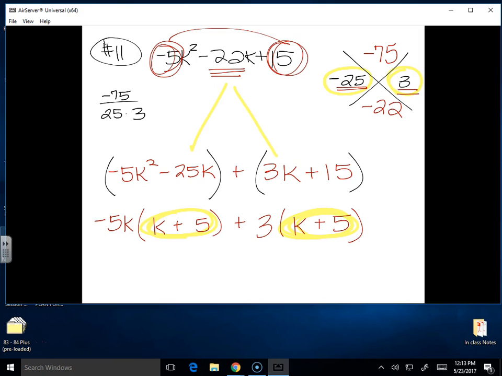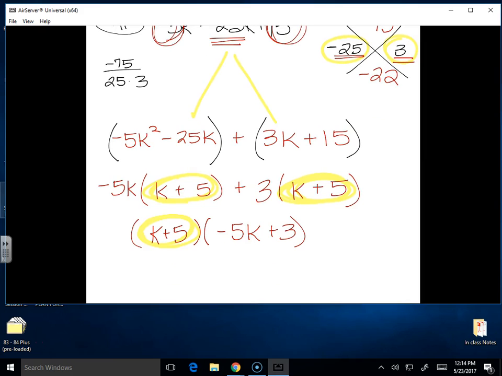Pull it out. Take out the k plus 5. Since they both have it, we'll pull it in front. What happens to the negative factor? Remember we're factoring, pulling it out. If we take that out, what's left? Negative 5k plus 3. We're taking away the k plus 5 from each of them, and we end up with negative 5k plus 3. There it is.